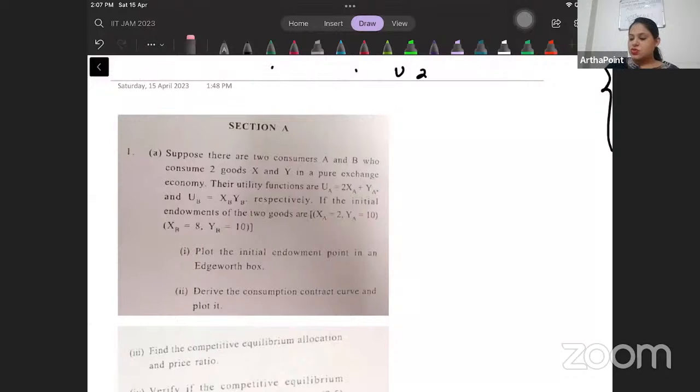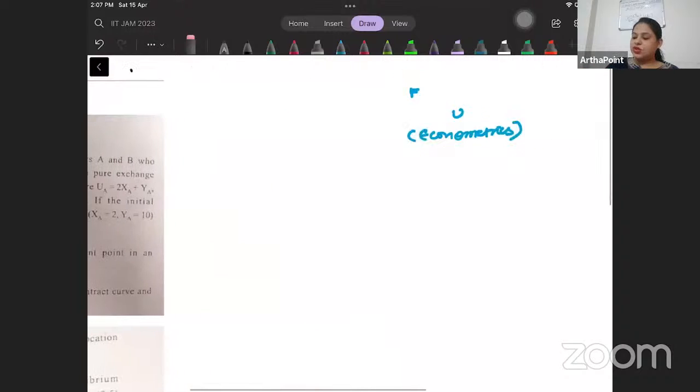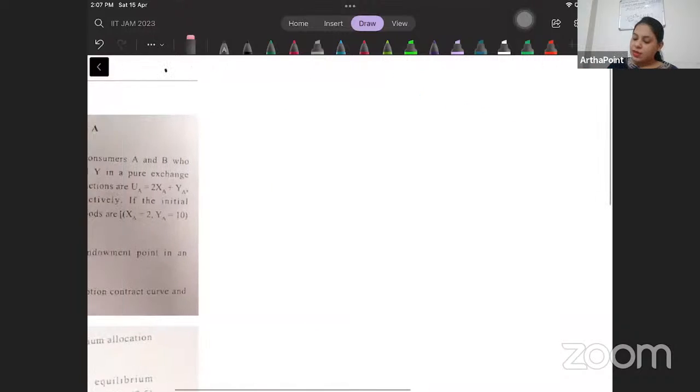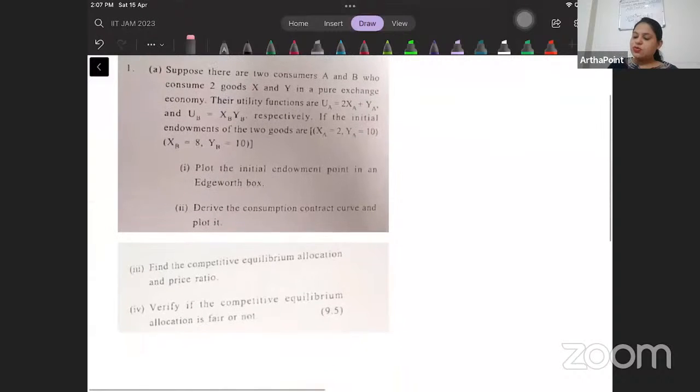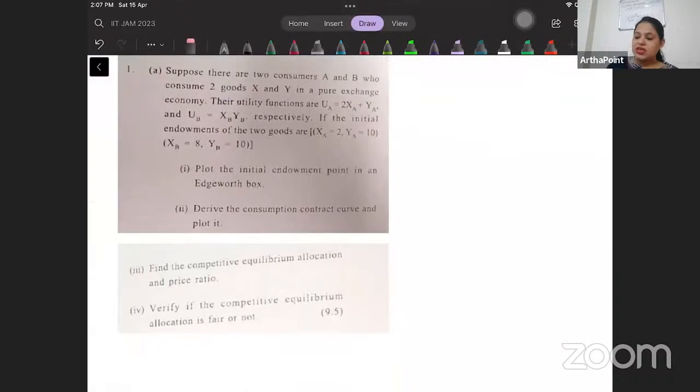So this is the first question that came in the exam, and the question says the following. Suppose there are two consumers, A and B, who consume two goods, X and Y, in a pure exchange economy.